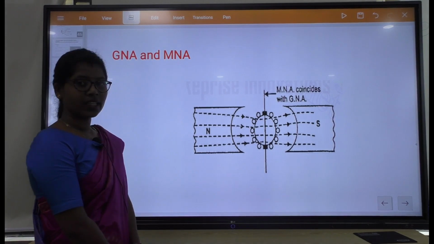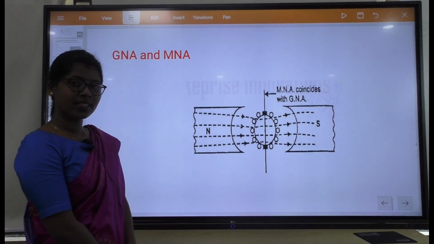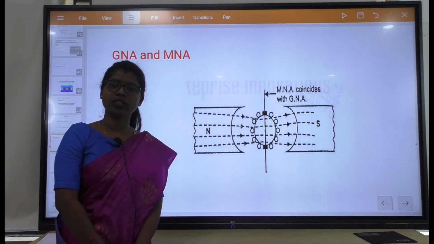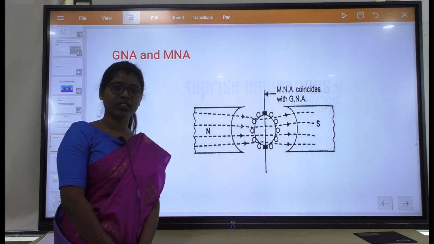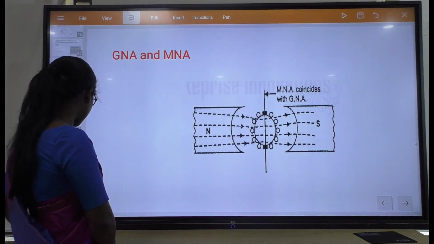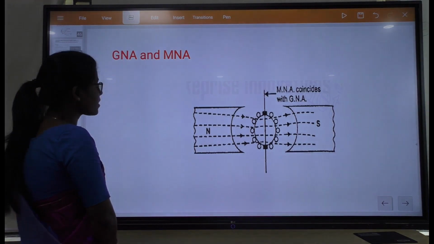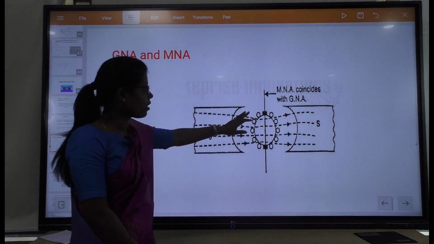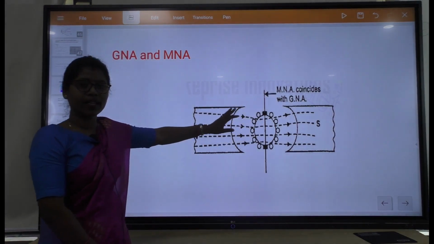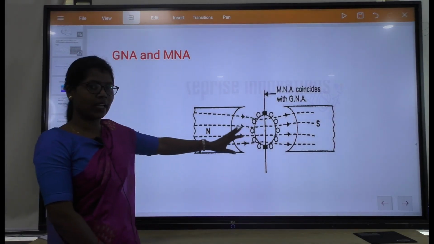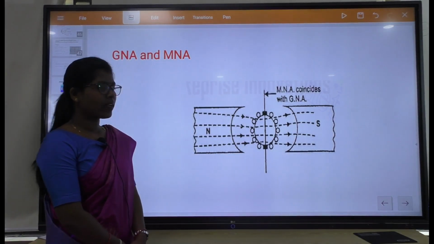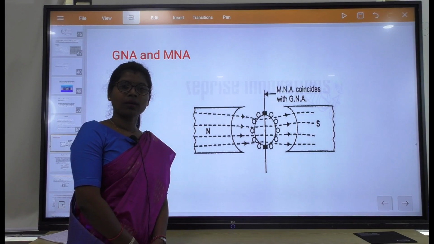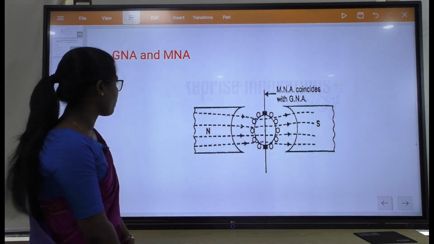MNA is magnetic neutral axis. This is the axis where no EMF is produced in the armature conductor. Again, since no EMF is produced in the magnetic neutral axis, we place our brushes and commutator in that axis. So magnetic neutral axis is also called commutation axis. Okay.